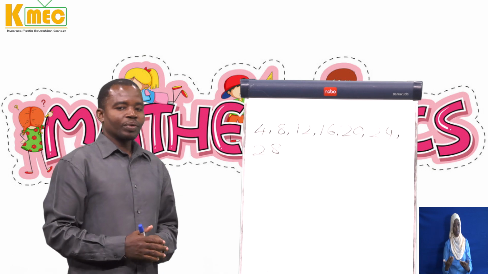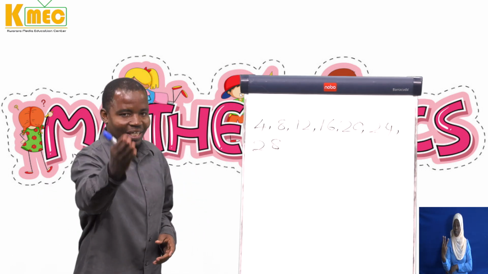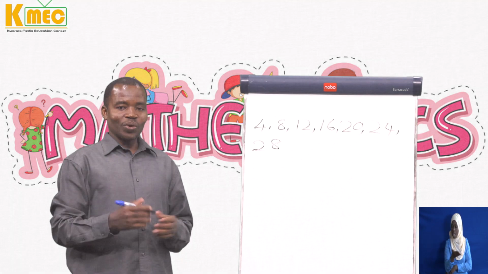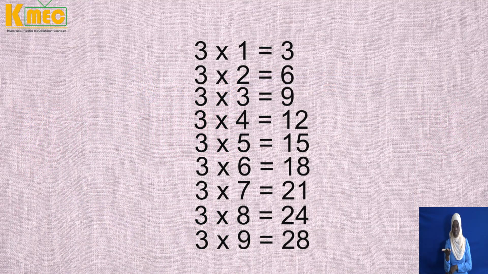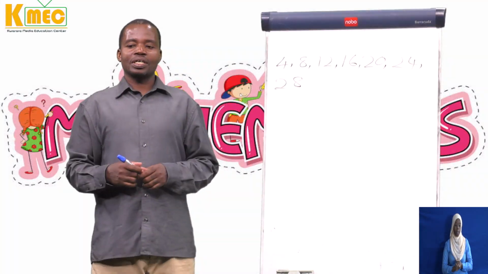Okay, now please list multiples of 3 less than 31. What are they? Very good.